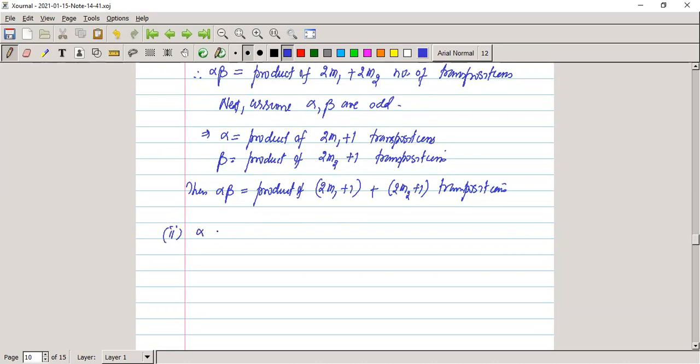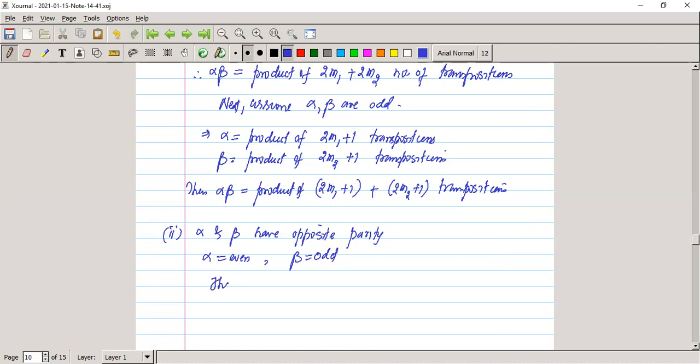Second part is alpha and beta have opposite parity. So first assume alpha is even and beta is odd.